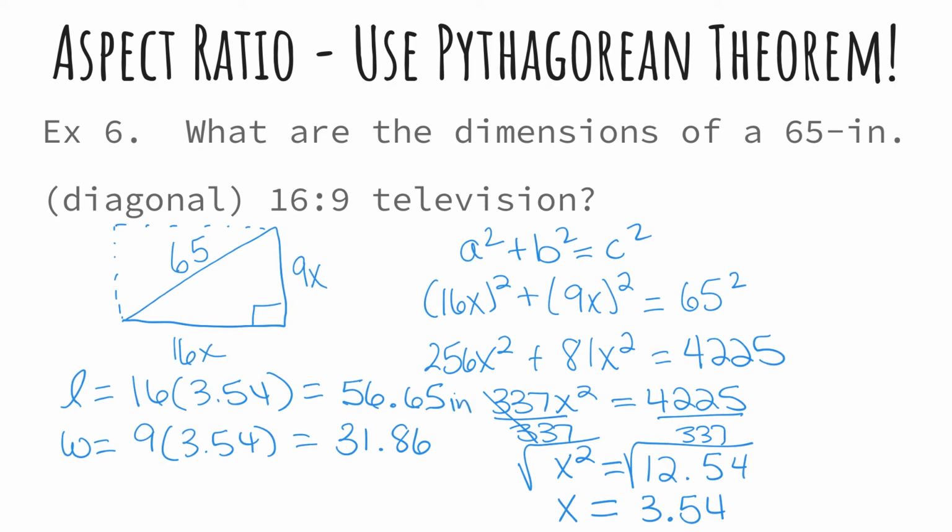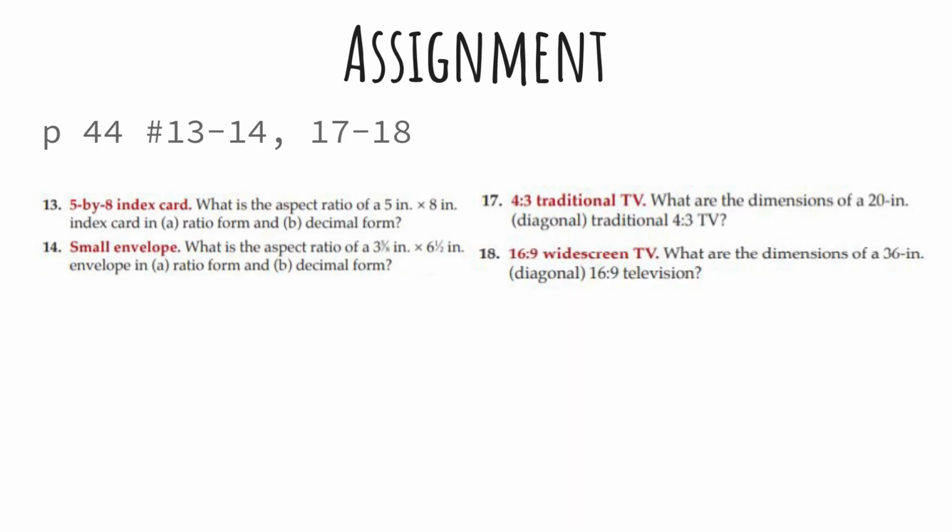Both of these are inches. And so here are our dimensions, and you can put the little x there to show that they're dimensions. 56.65 by 31.86 would be the dimensions of this TV. And if you were having to hang this TV on a wall, you'd want to make sure that you have that much space to cover the length and the width.